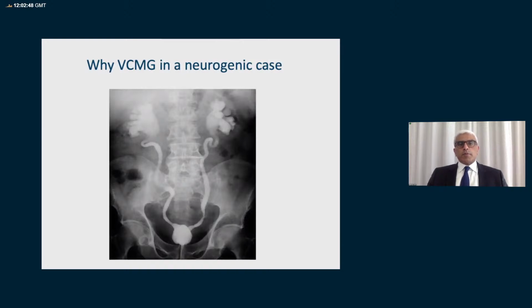Again, to demonstrate why one needs to do urodynamics in a neurogenic case, like I said, if you start filling up this patient, there's no video, then the patient can have 500-600 mils with no rise in the pressure, and it can give us a false sense of security that the bladder pressures are low. But in this one, the picture, you can see very clearly that all the fluid, or most if not all, has been taken up by both the kidneys with very little in the bladder.